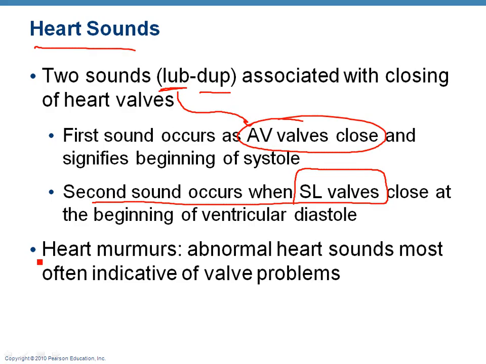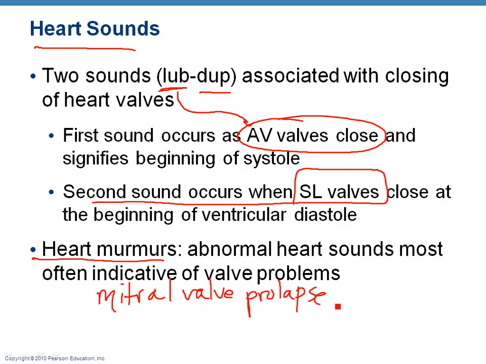Now, of course, if you're going into nursing, you're going to learn how to recognize a heart murmur with a stethoscope. All a heart murmur is, is some type of abnormal heart sound that's usually associated with some sort of valve malfunction. Like you may have heard before of somebody having a mitral valve prolapse.